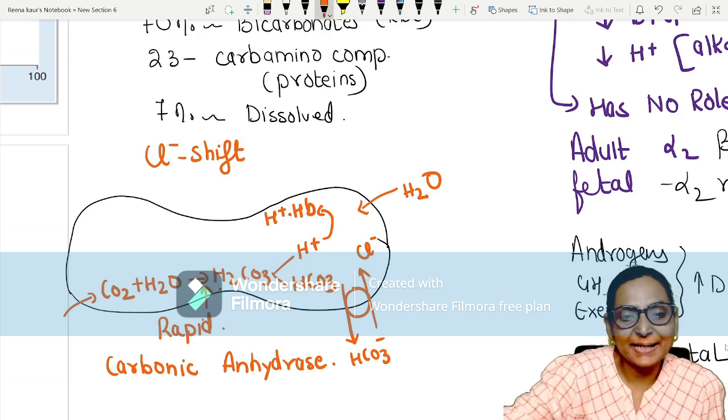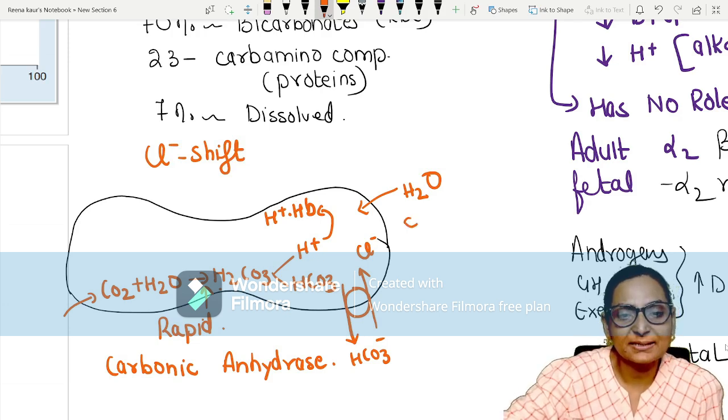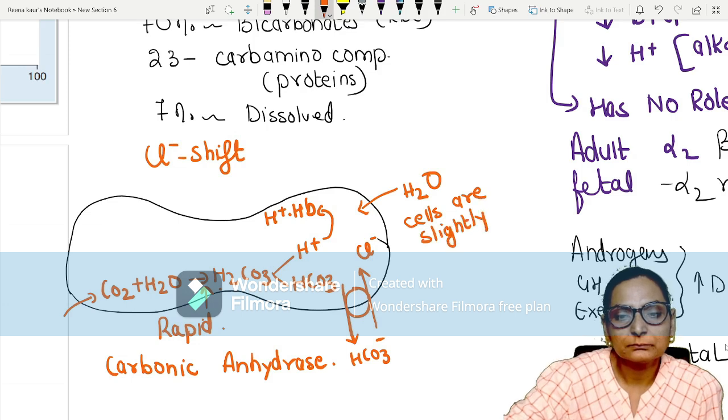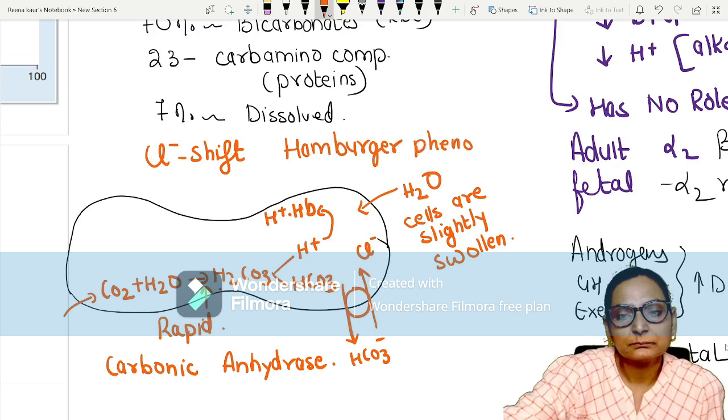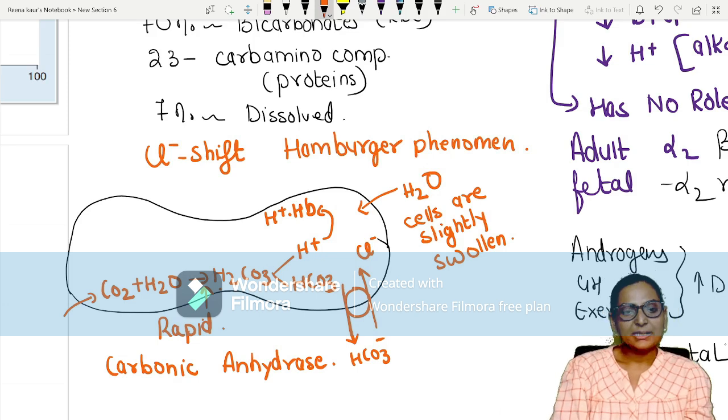The cells are slightly swollen because of the water. This is called the hamburger phenomenon. So the chloride shift is seen on the side of the tissues, the venous side.